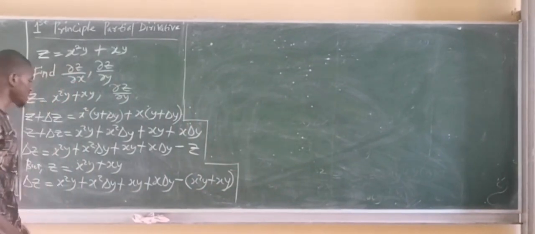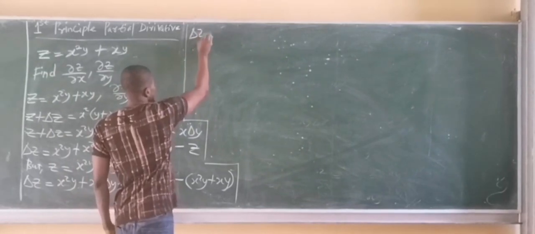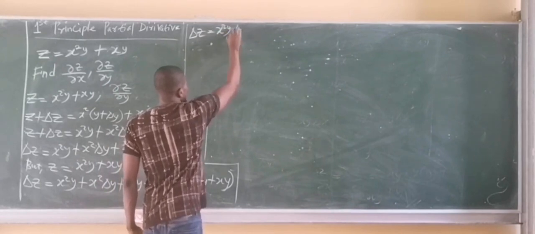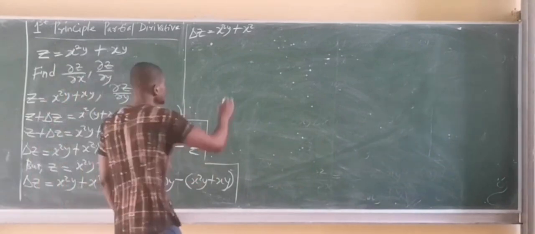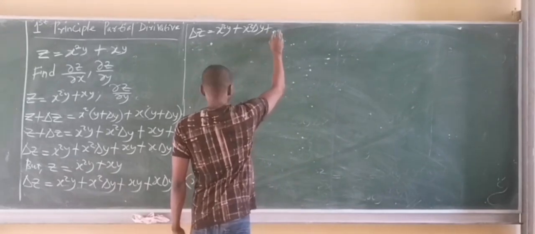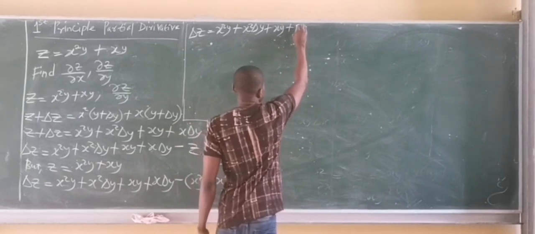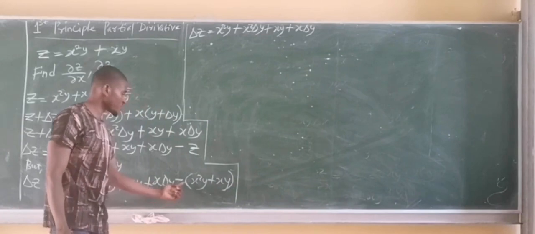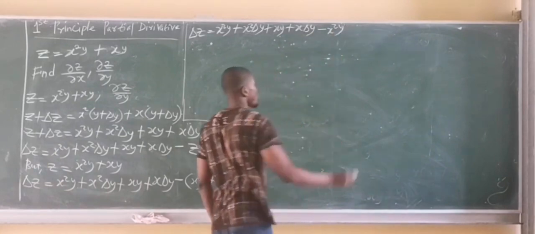At this point, I will expand the bracket. So I have change in z equals x squared y plus x squared change in y plus xy plus x change in y. If I expand this bracket, minus multiplies x squared y gives me minus x squared y.